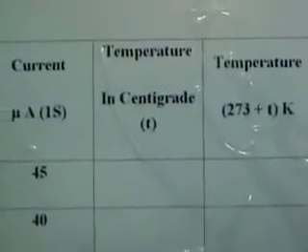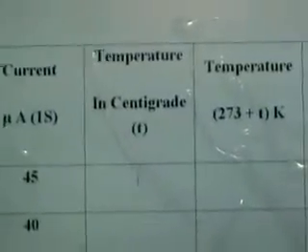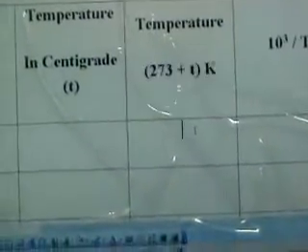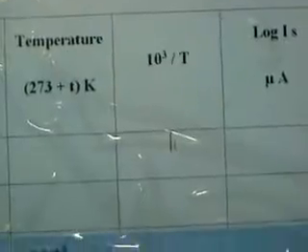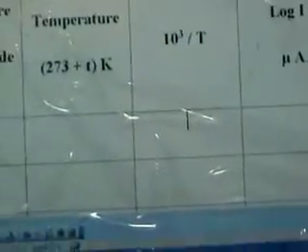Accordingly, at a current of 45 microamps, we record the temperature and then convert it into Kelvin. As we have seen already, 10 cubed by T is what we take on the x-axis. We also calculate 10 cubed by T. Now log of Is can also be calculated. Remember, this log of Is is going to be log of 45, which is already fixed.